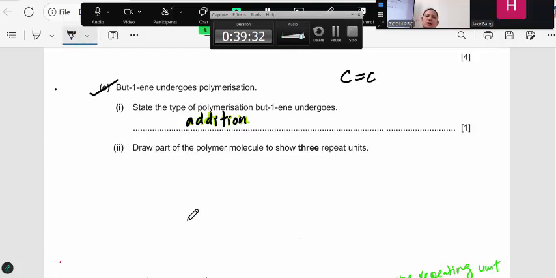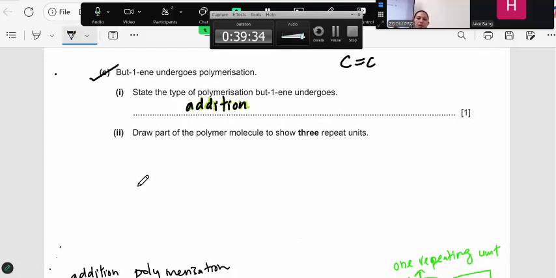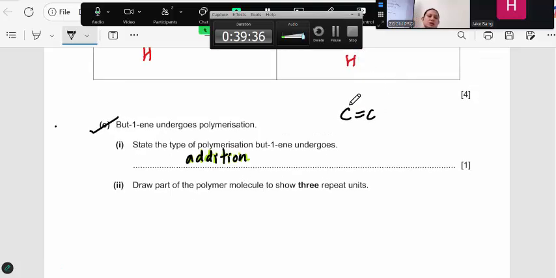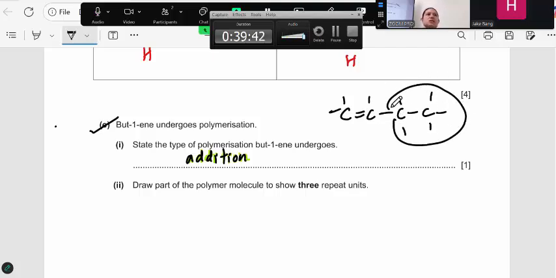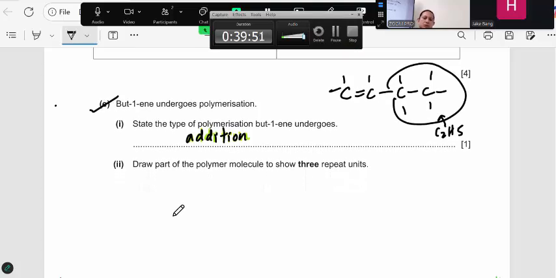All right. Did you all draw already? Poly but-1-ene. So what you need to do is 1, 2, 3, 4. This is but-1-ene, right? What is this thing? C2H5. Get it? C2H5.